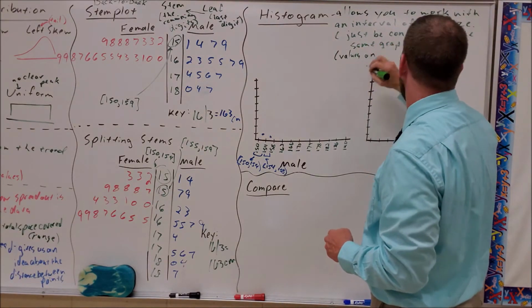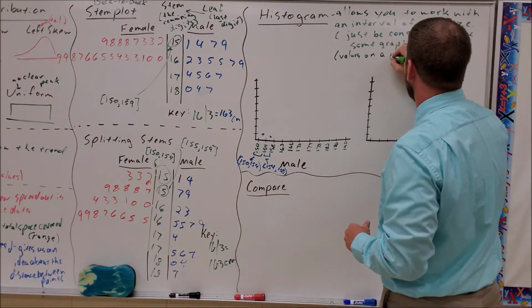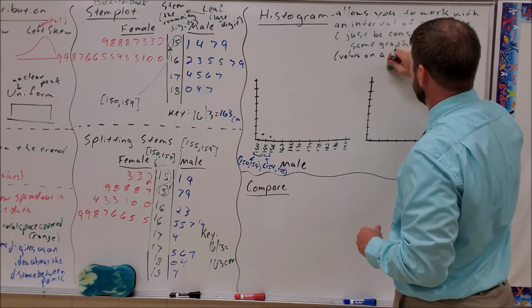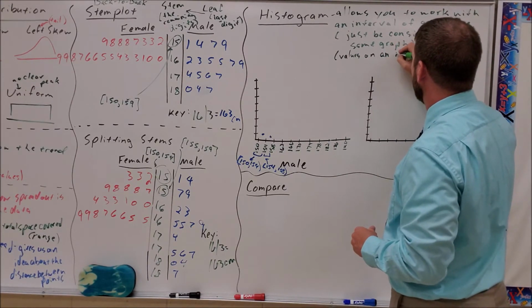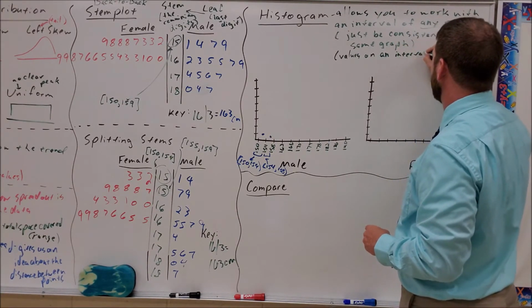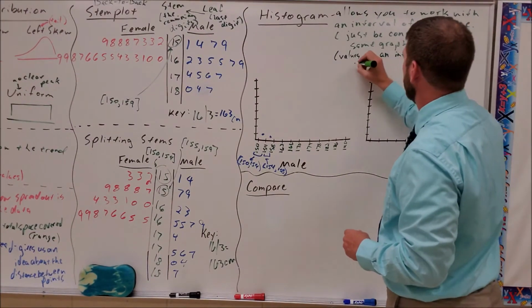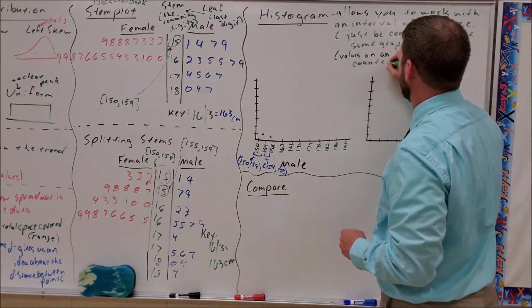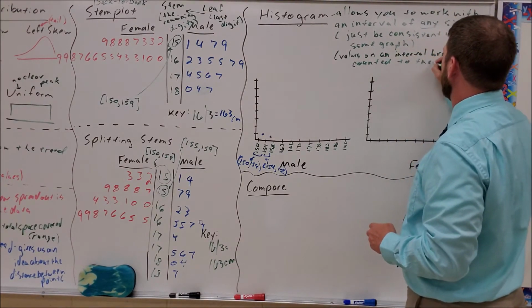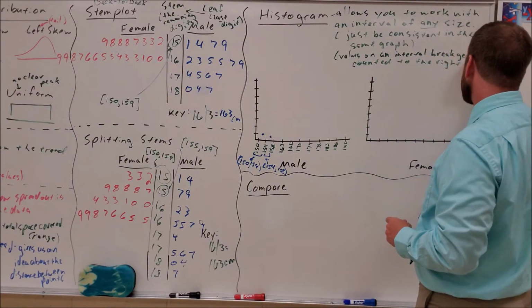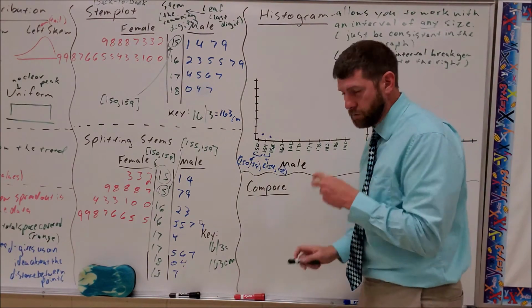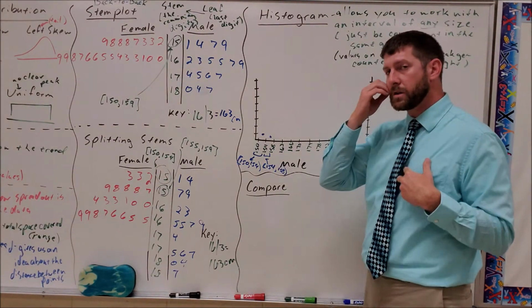Values on an interval break get counted to the right. Now, that's not a hard and fast rule. That's just what we're going to do right now.